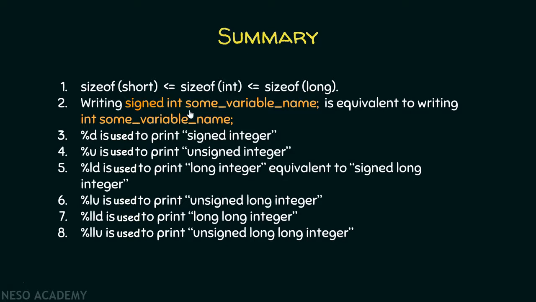Writing signed int some variable name is equivalent to writing int some variable name. %d is used to print signed integer. %u is used to print unsigned integer. %ld is used to print long integer, which is actually equivalent to signed long integer. %lu is used to print unsigned long integer. %lld is used to print long long integer. %llu is used to print unsigned long long integer.